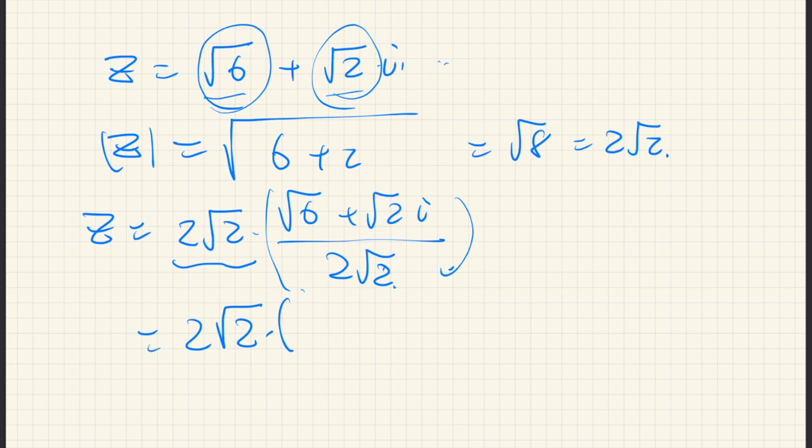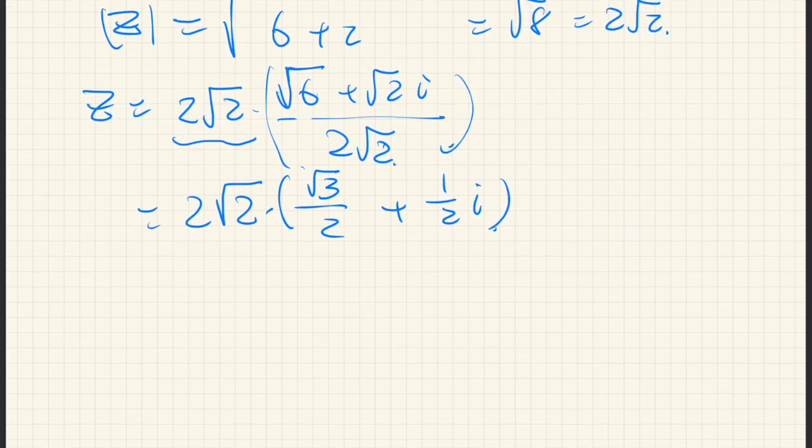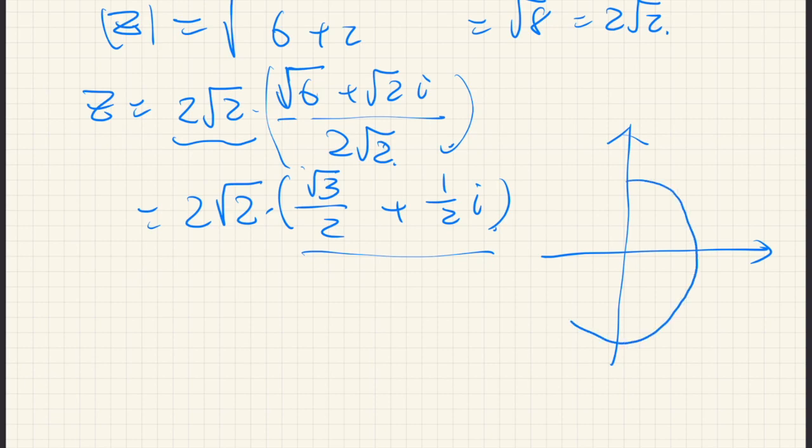And this one, let's simplify this a little bit. Square root of 6 divided by this thing is square root of 3 over 2, and this one is 1 over 2 i. Okay, so this one, let's plot on the unit circle.